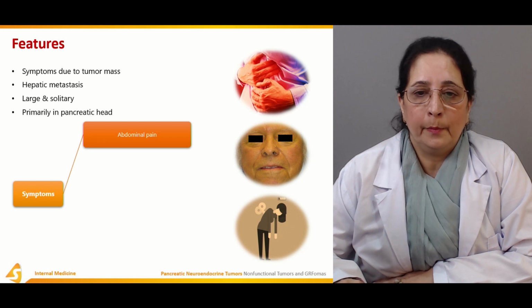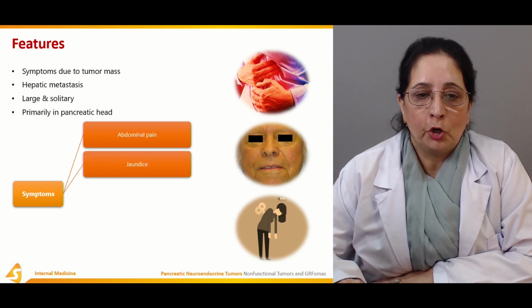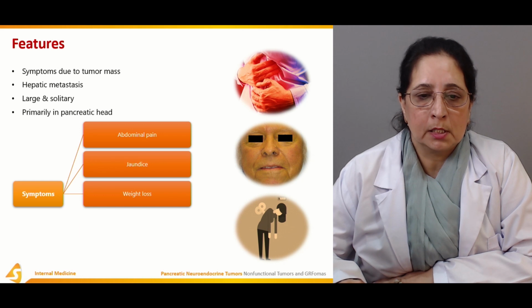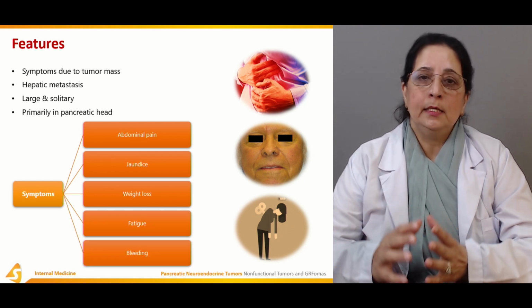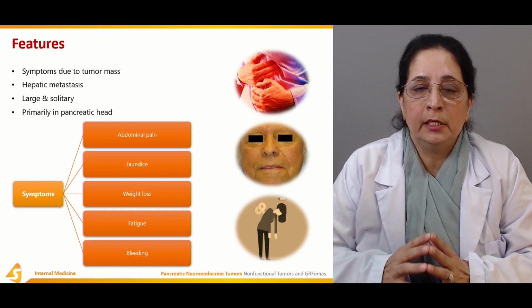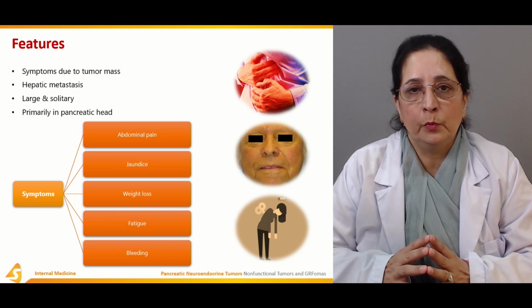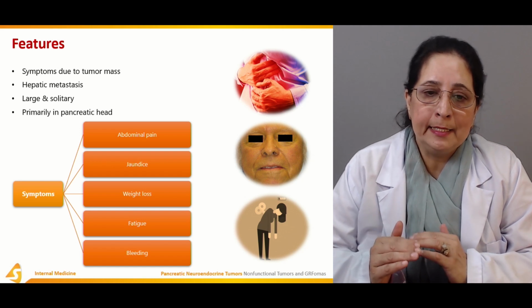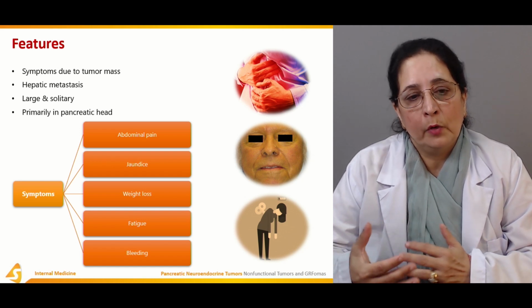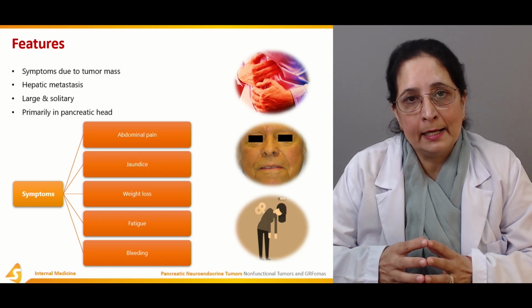Symptoms are abdominal pain, jaundice, weight loss, fatigue, bleeding. So all these are the symptoms associated with non-functional tumors. They cause jaundice, fatigue, bleeding, and they are more in the pancreatic head.